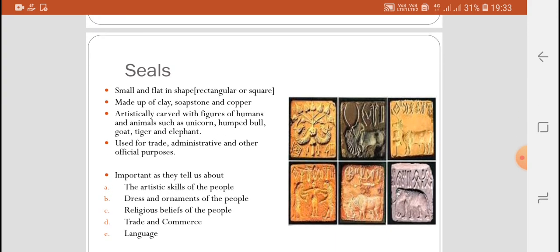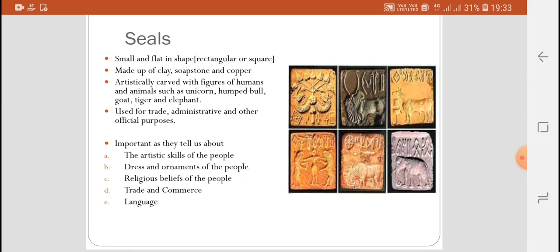Talking about their seals, now you can see these beautiful seals, small and flat in shape, either rectangular or square. They were made of clay, soapstone, and copper. You can see the figures of animals, unicorn, humped bull, goat, tiger, elephant, inscribed on these seals.